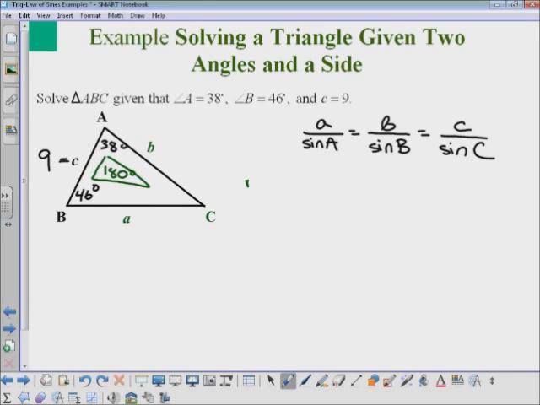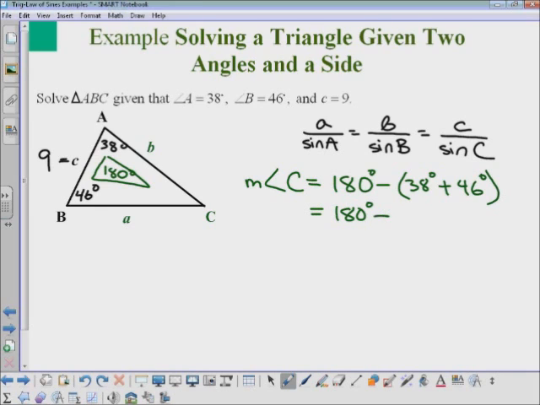So measure of angle C has to equal 180 minus, okay, and I'm going to write it this way, 180 degrees minus the quantity 38 degrees plus 46 degrees. Or some people prefer just to go 180 minus 38 minus 46, which is distributing the negative. Either way is fine.